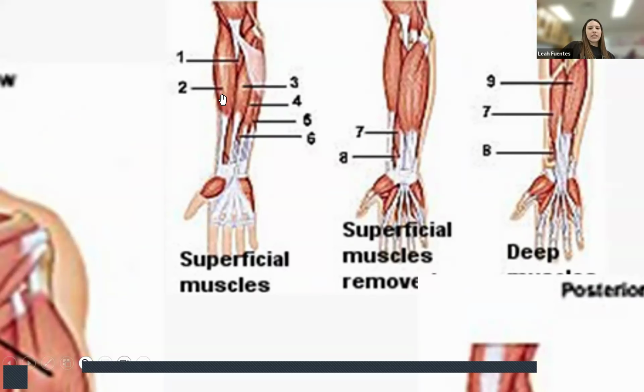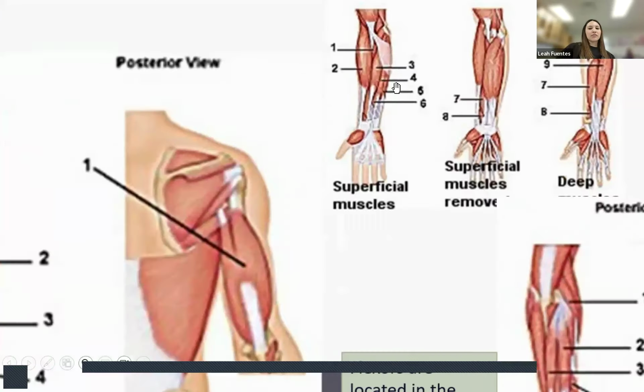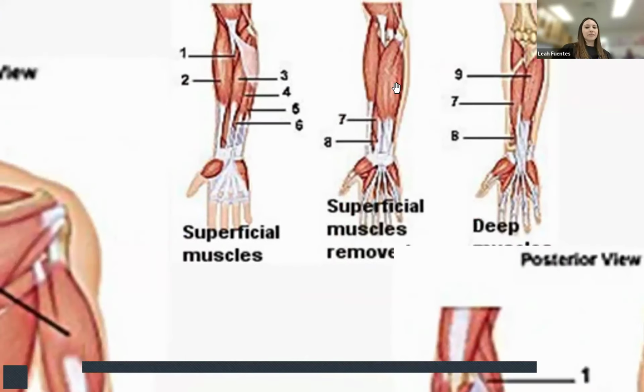We're getting into like the flexors and extensors. So does anybody know the difference between the two anatomically? So which are located in the anterior forearm when we're in anatomical position? Flexors, good. And so our extensors are posterior. So make sure you keep that in mind as you're doing your actual exam.